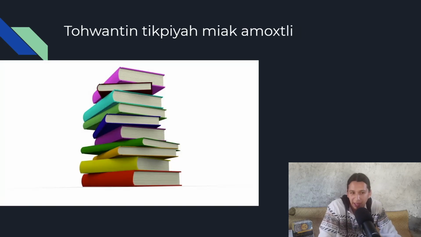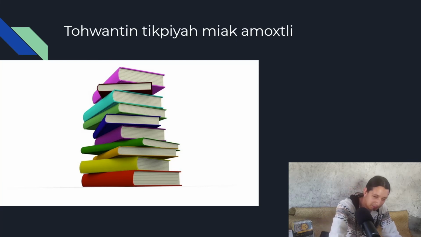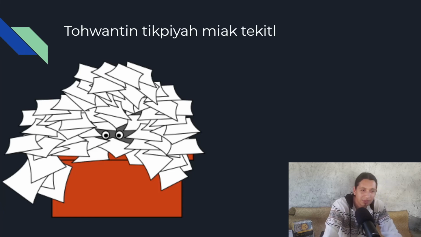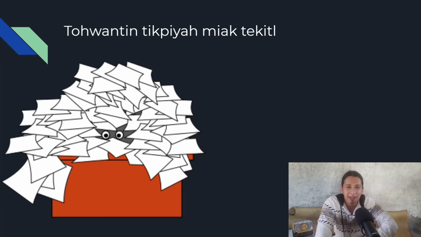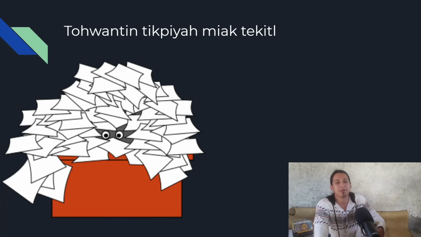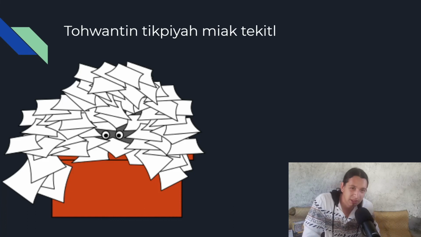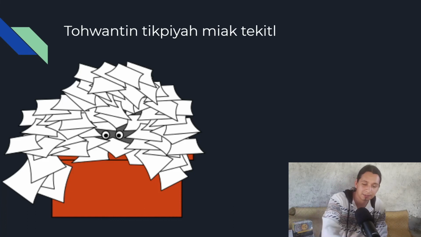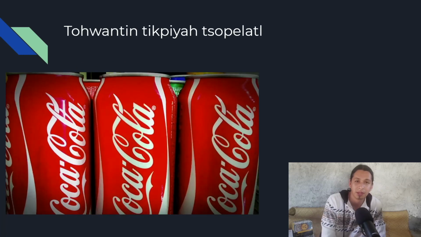Tojuantin ticpia miak amochtli. We have lots of books. Tojuantin ticpia miak tequitl. We have a lot of work. Tojuantin ticpia tzopelatl. We have a sugary drink, any kind of sweet drink, juice or soda.